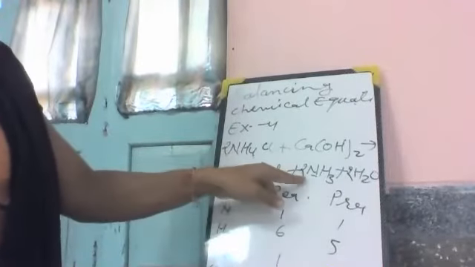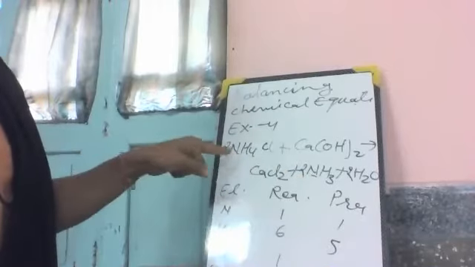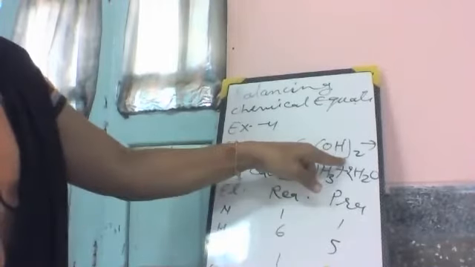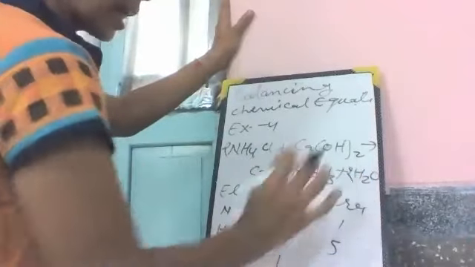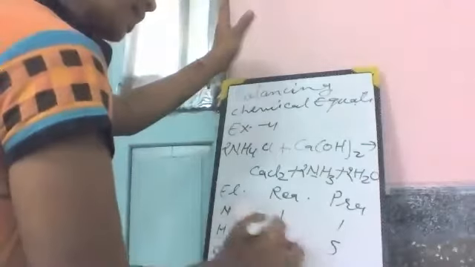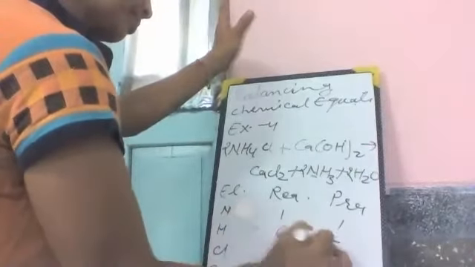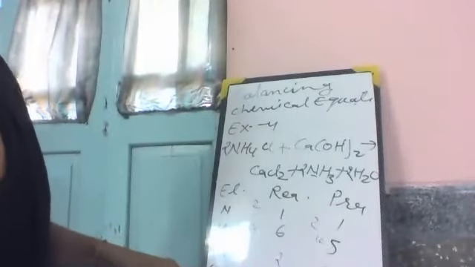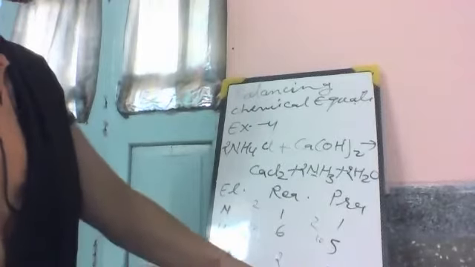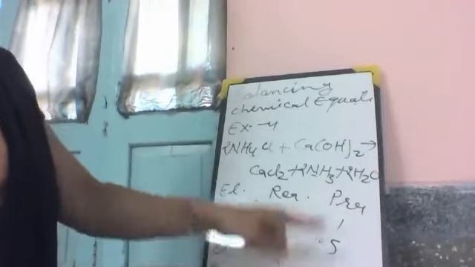Nitrogen is 2, here is 2. Hydrogen is 10 and 10. Then chlorine is 2 here and also 2 there. Calcium is 1. Now the atoms of calcium in reactant and product are the same.